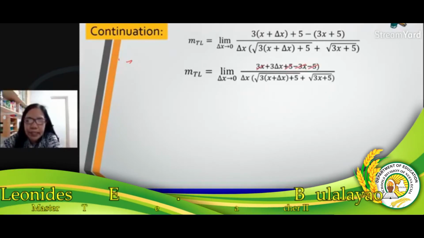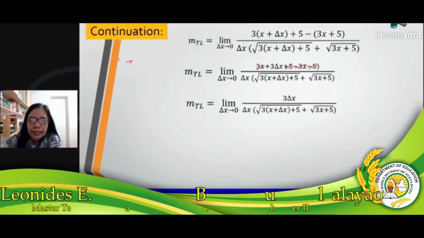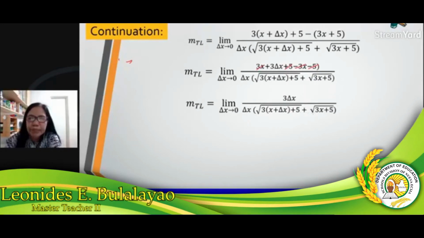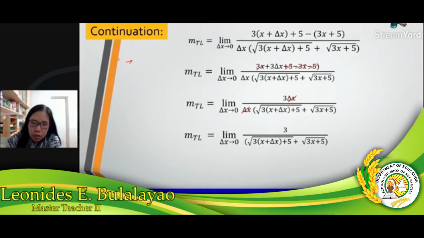So the remaining expression is 3 delta x all over delta x times the square root of 3 times x plus delta x plus 5 plus the square root of 3x plus 5. So we can cancel delta x. So it becomes 3 all over our denominator.